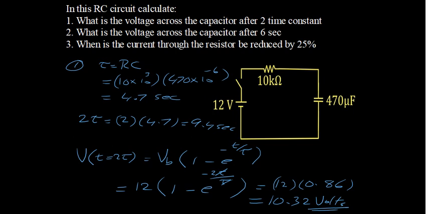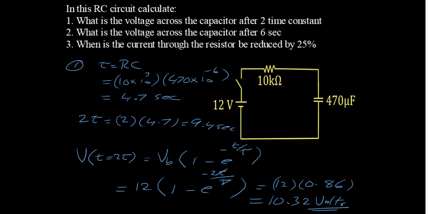We know from the definition that the first time constant is the time when the voltage across the capacitor will be 63% of the total battery voltage. My first time constant is 4.7 seconds, and the question asks for 6 seconds, so the voltage should be above this value.